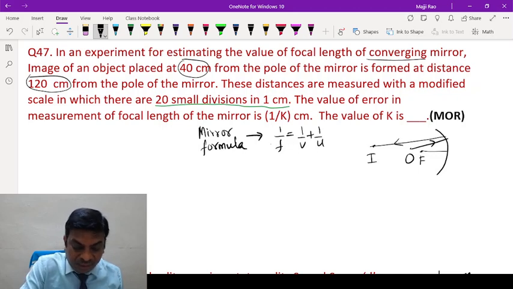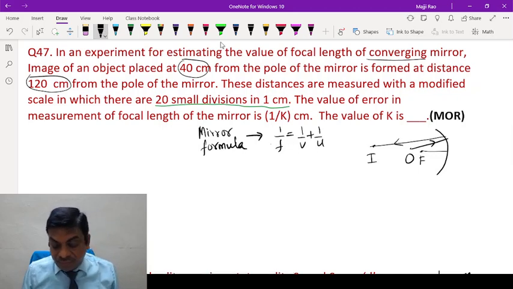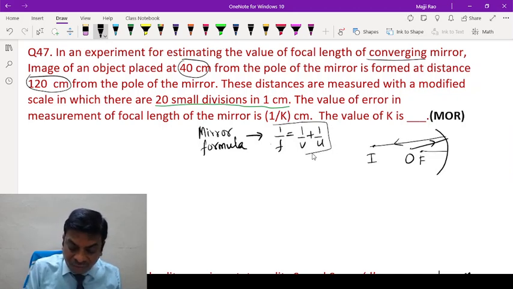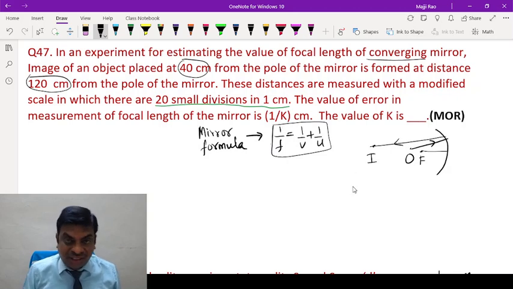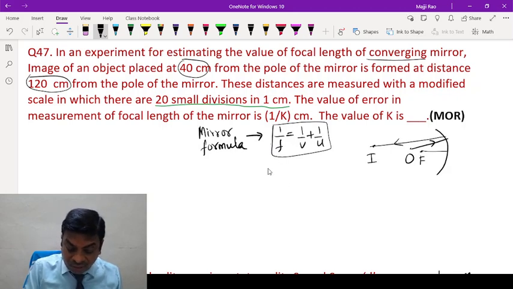Now whenever you have to calculate the error in these kind of complicated formulas, particularly when you have fractions here, as you can see, 1 by f is equal to 1 by v plus 1 by u, you can simply differentiate, sorry, no need to take log here. So for 1 by f it is minus 1 by f square into error in f.